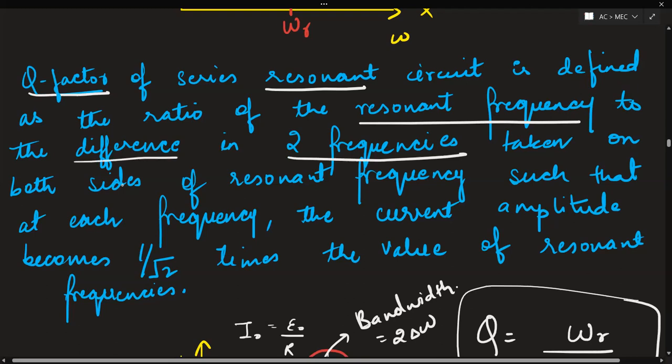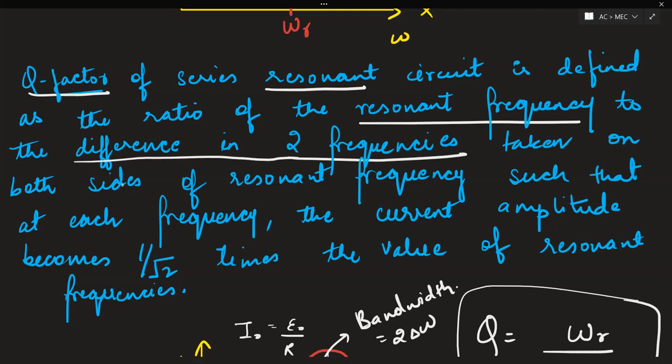That is omega 1, omega 2, omega 2 minus omega 1. So omega r divided by omega 2 minus omega 1. Till here, this is written. And frequencies are taken on both sides of the resonant frequency. Clear till here? It's the ratio of resonant frequency divided by the difference in the two frequencies.